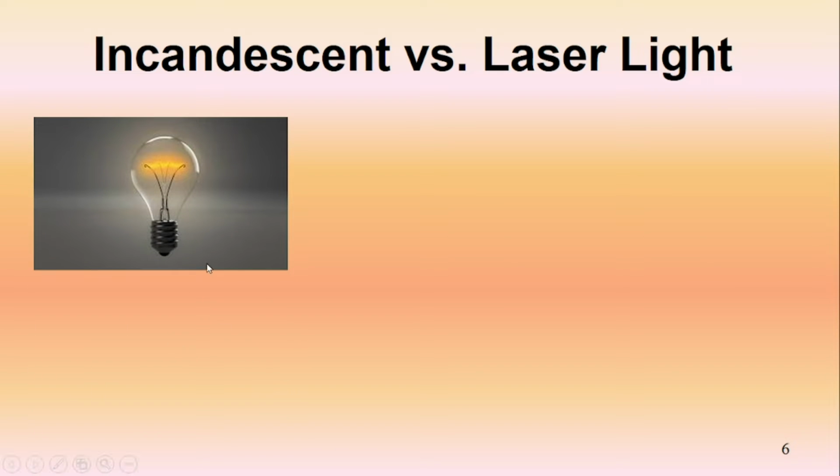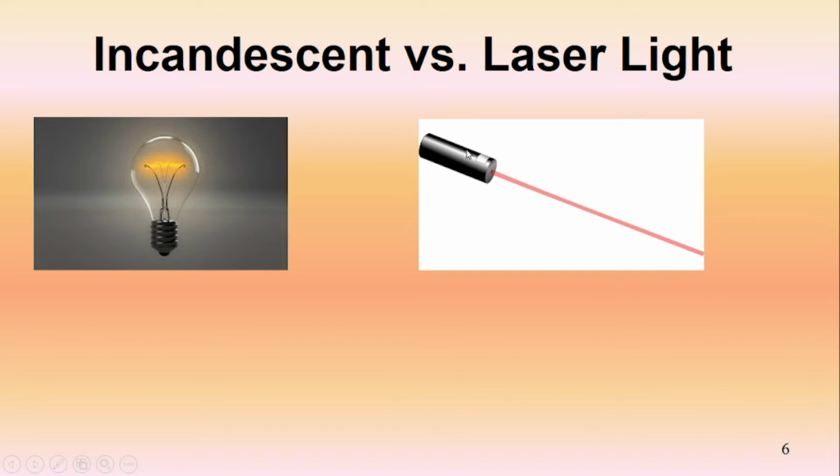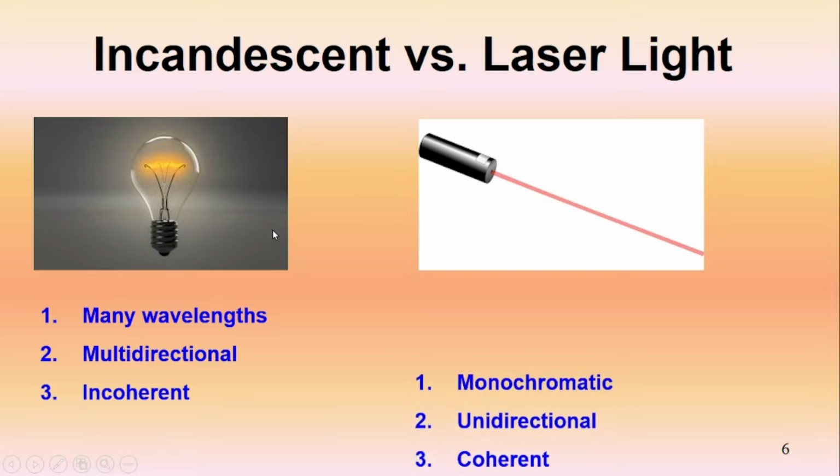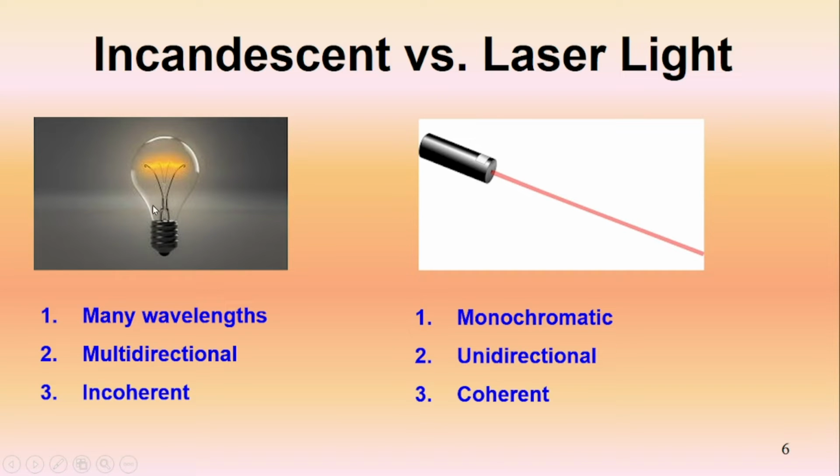Now let us compare the laser beam with incandescent light. This is the bulb which emits incandescent light, and this is the laser which emits laser beam. If we compare these two light sources, then we get the following differences. In incandescent light, there are many wavelengths, and incandescent light is multidirectional and incoherent.